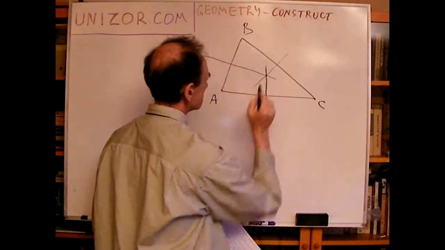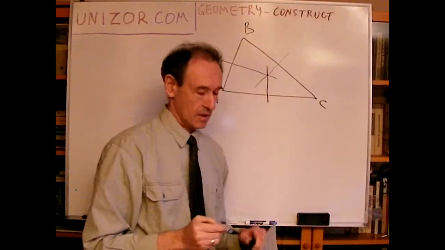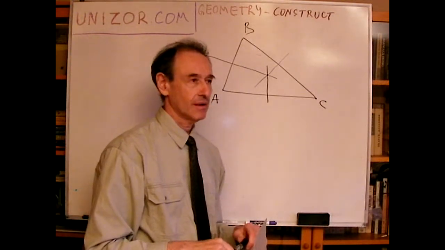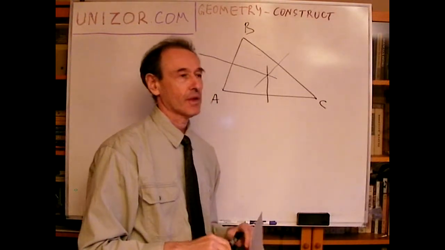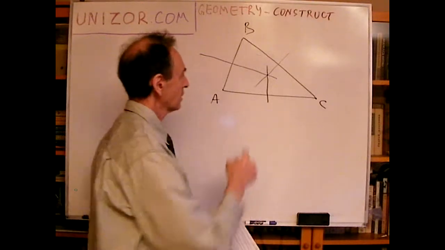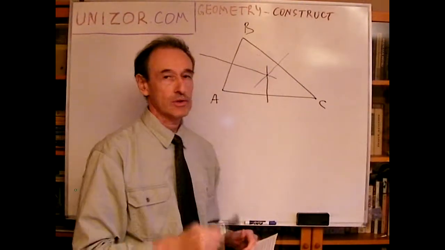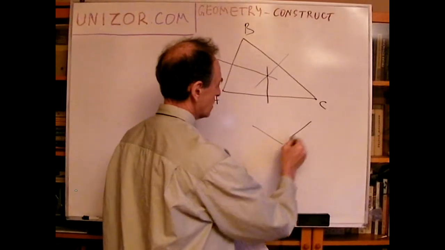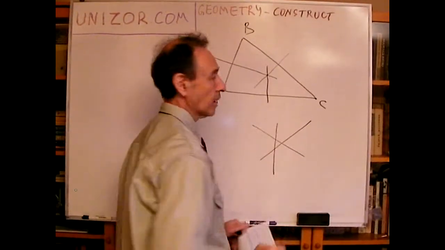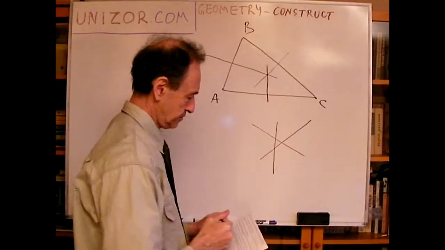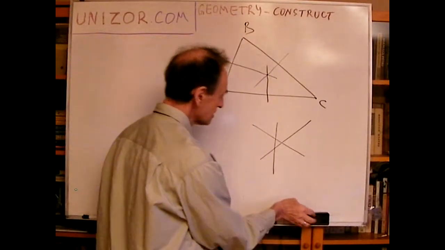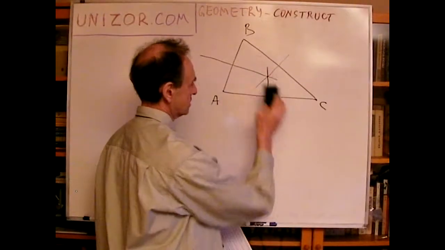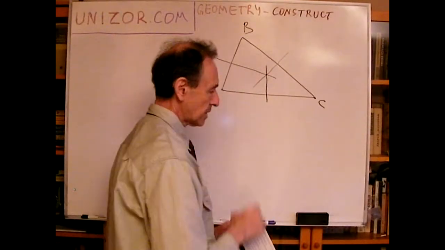Now, I cross them in one point, and that's obviously the case, but it needs certain comments. Why do these 3 lines cross in one point? Because in theory, 3 different lines can cross this way, right? So this is not the case. This is the case. And let me explain why.